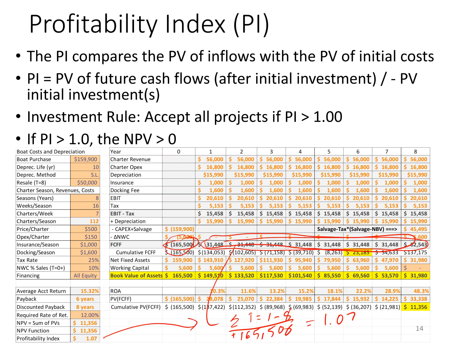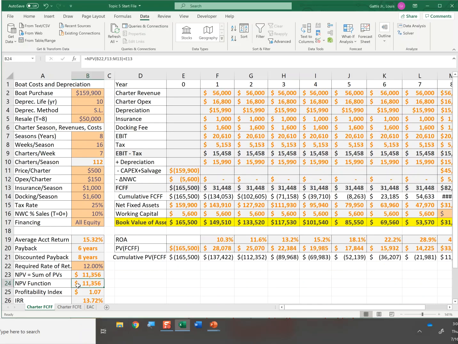So it's just the sum of all these numbers divided by 165. So if I go here, you can see that it's the sum of the future cash flows in present value terms, not in nominal terms, divided by negative 165.